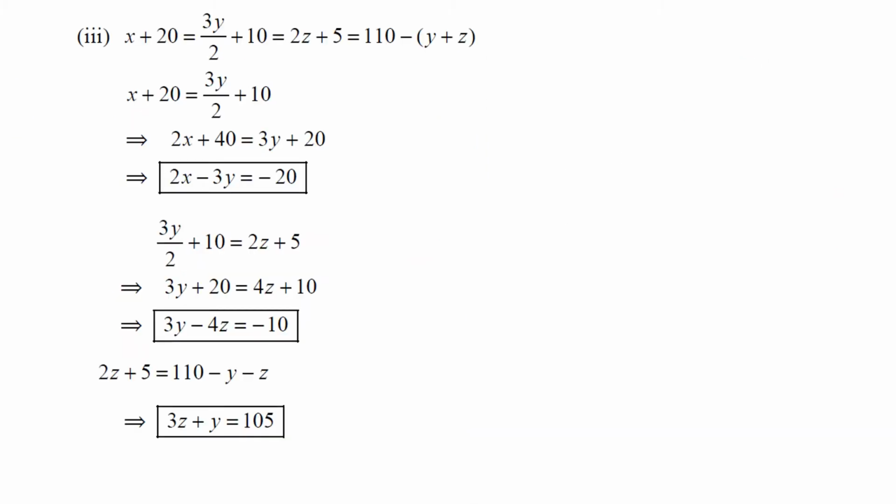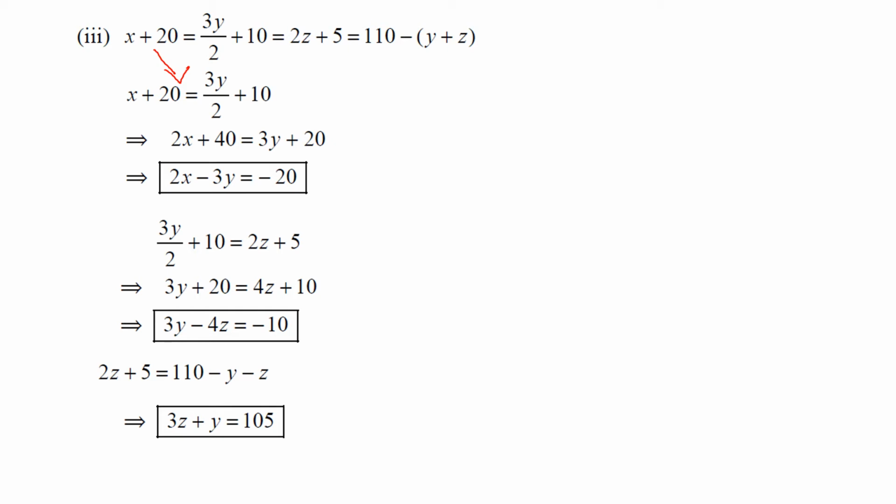Third one: x plus 20 equal to 3y by 2 plus 10 equal to 2z plus 5 equal to 110 minus bracket of y plus z. First, we will write one equation: x plus 20 equal to 3y by 2 plus 10.